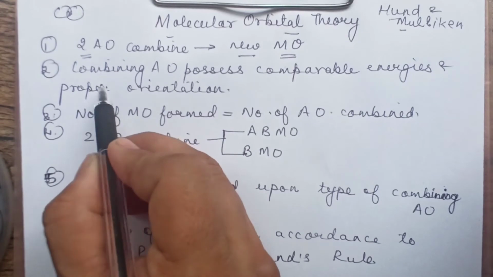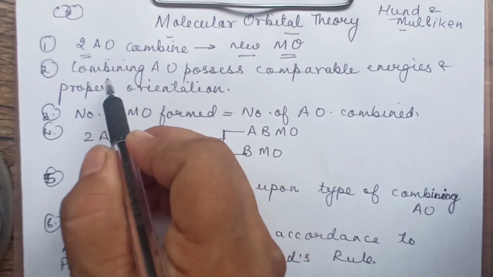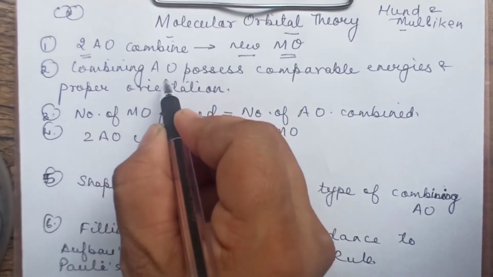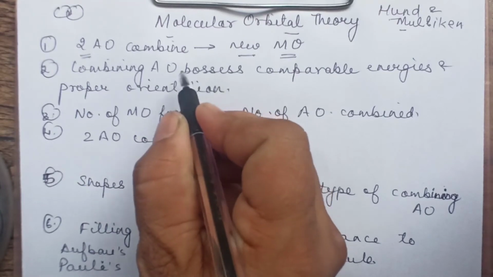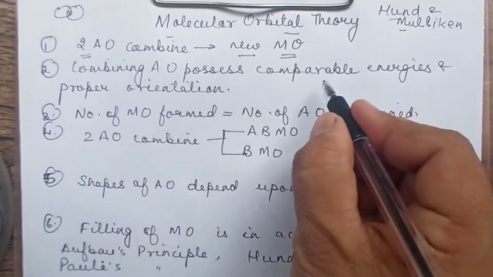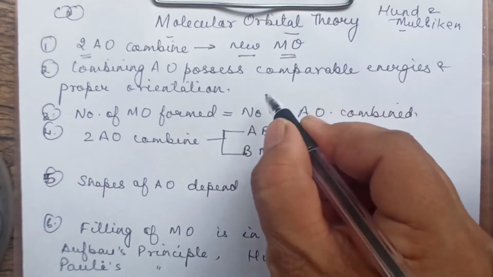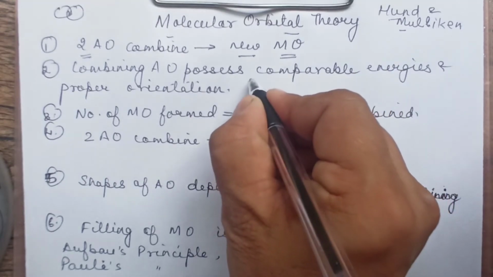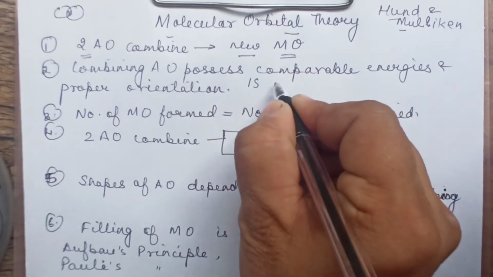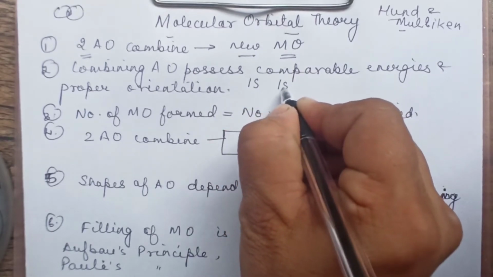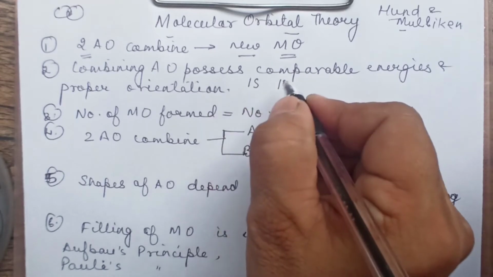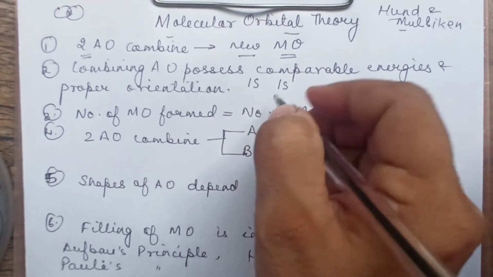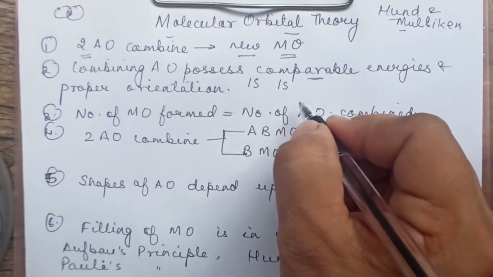Further it says, which atomic orbitals can combine? Atomic orbitals which combine should possess comparable energies and proper orientation. That means the 1s orbital of one atom can combine with 1s of the neighboring atom, not with 2s. They should have comparable energies.